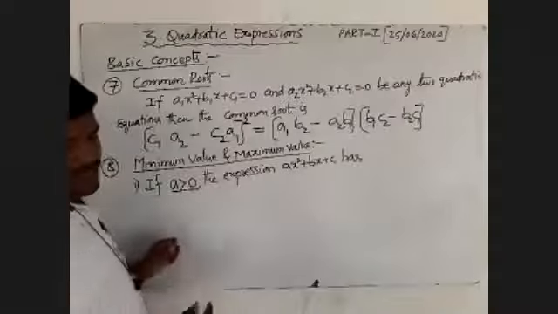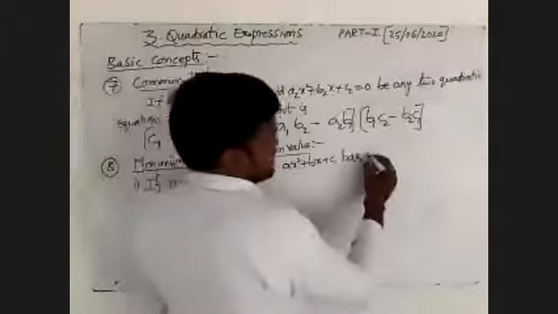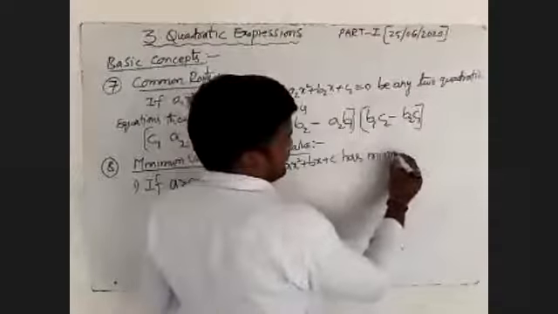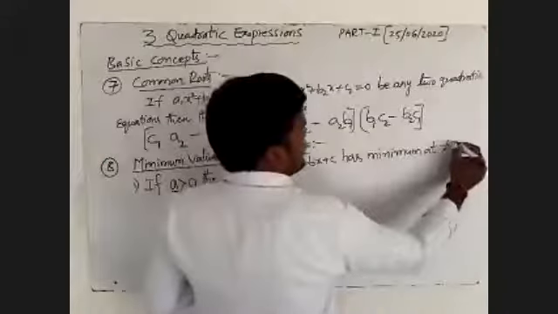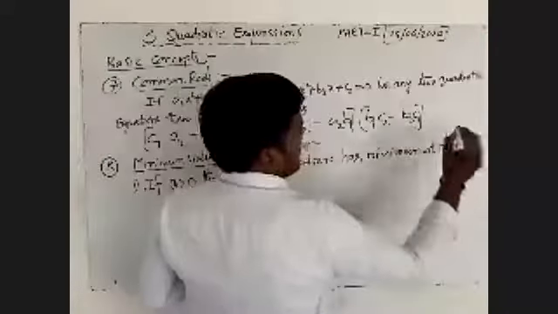That means it has a minimum at x is equal to minus b by 2a.